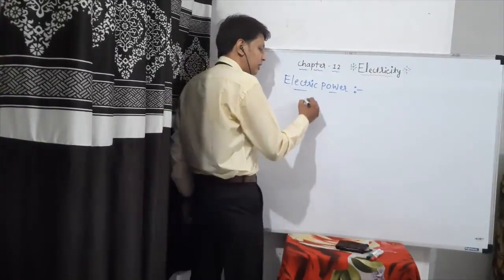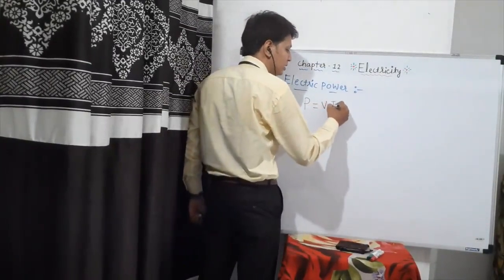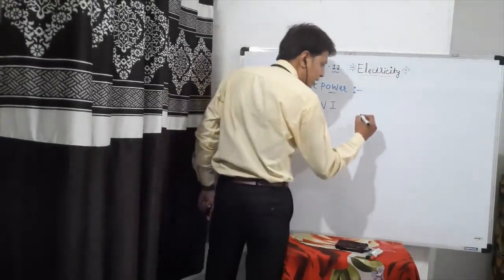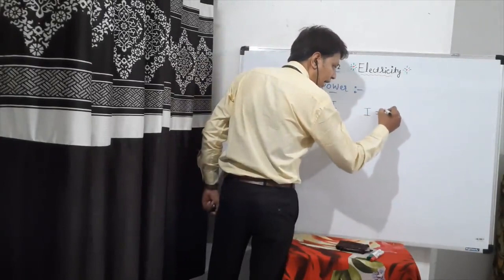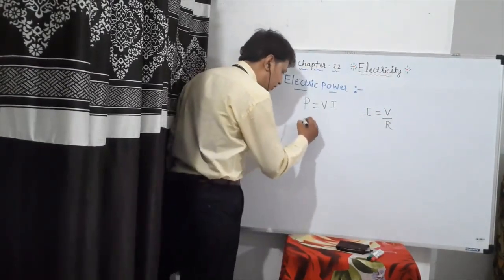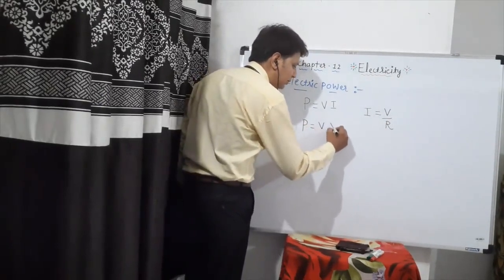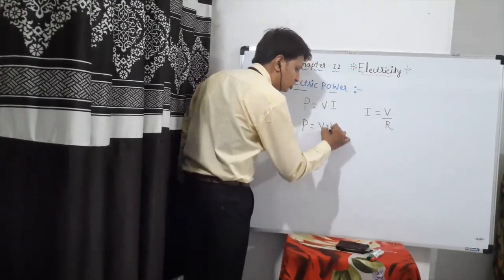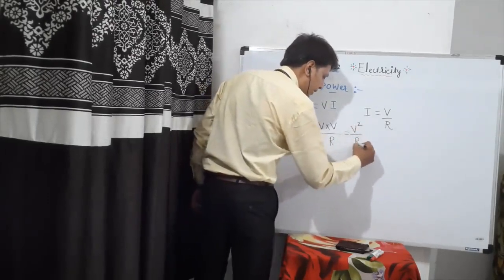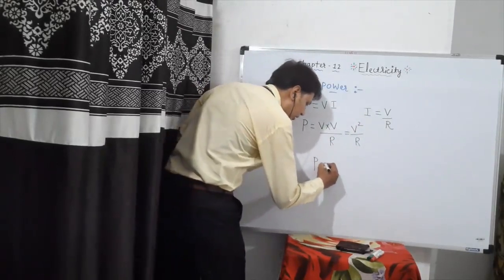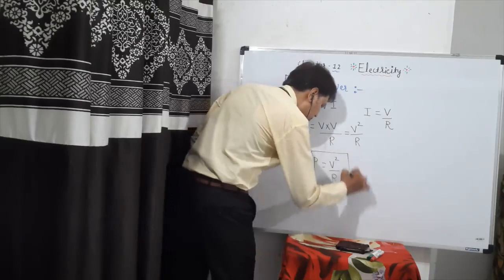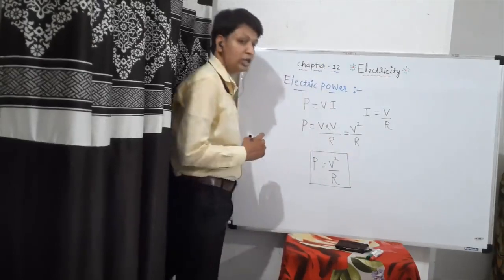The equation for electric power we derived was P equal to V into I. So if I substitute the value of I equal to V by R as per Ohm's law, P will be equal to V multiplied by V by R. So V square by R will be our equation. So I can say that power is equal to V square by R. So it is inversely proportional to resistance in this equation.